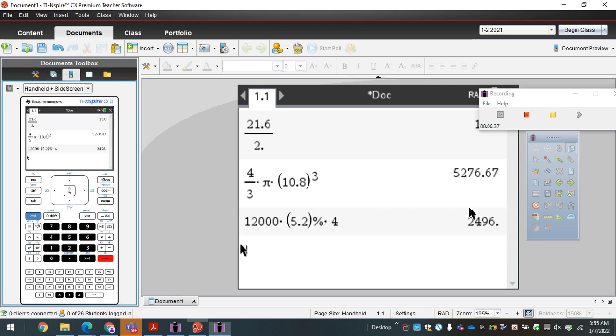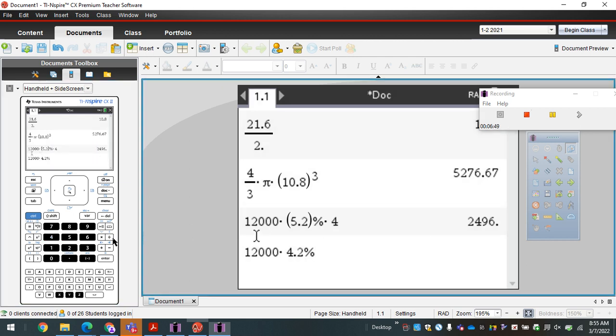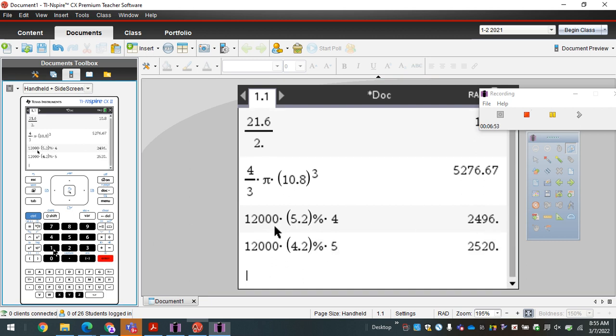I need to check each one. The next one's 12,000 times 4.2% times 5. The next one's 12,000 times 4.7%.